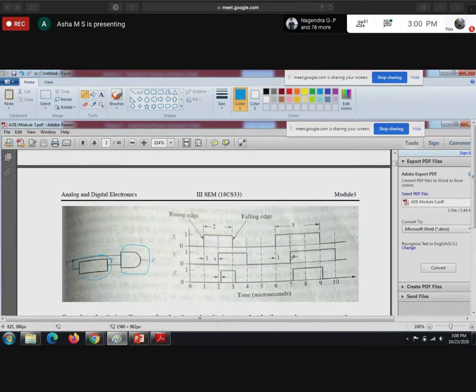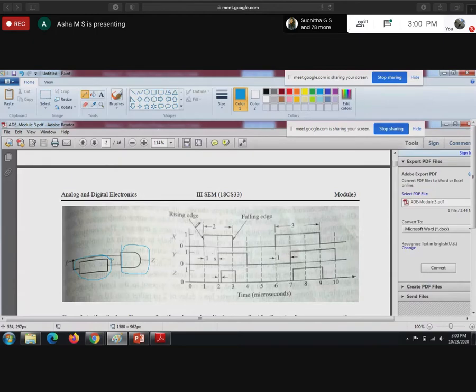So this is the timing diagram for this. Here the delay is specified as 1 microsecond, whereas in the previous graph it was 20 nanoseconds. If they ask a question to plot the timing diagram, they will only give the delay. In this timing diagram, the propagation delay is 1 microsecond.